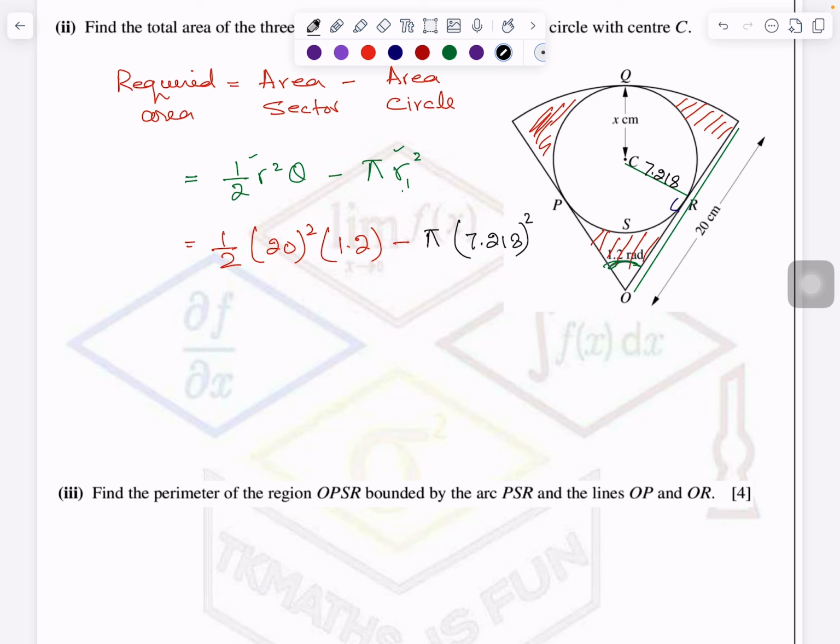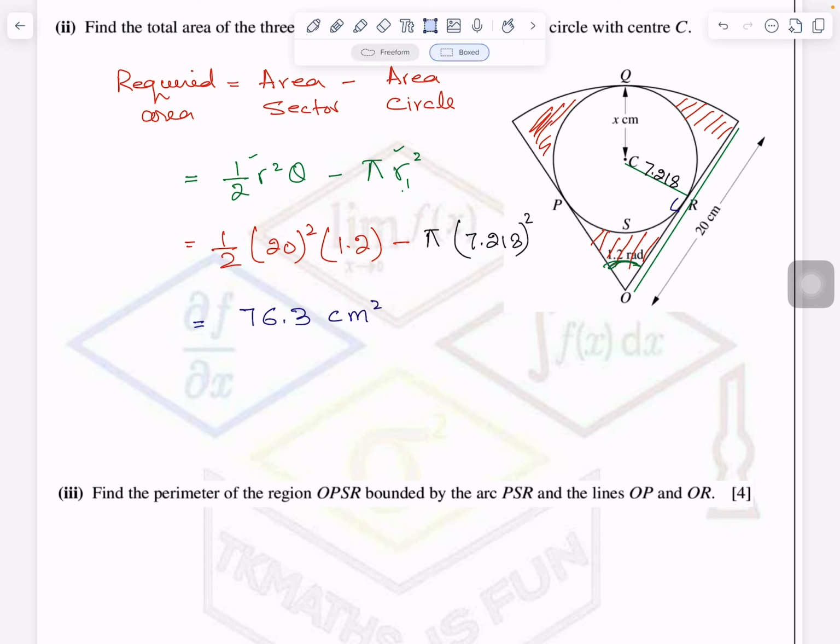So now you pick up the calculator and let's find out the answer. So it is equal to 76.3. Right, and now because it is given in centimeters, please do write it as square centimeters.